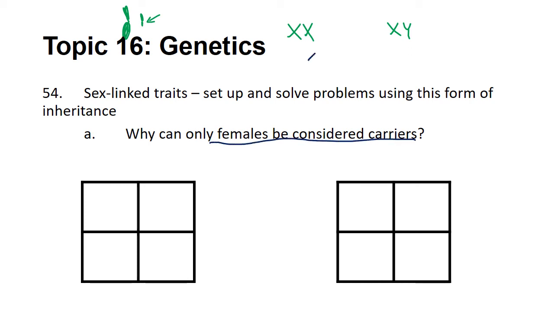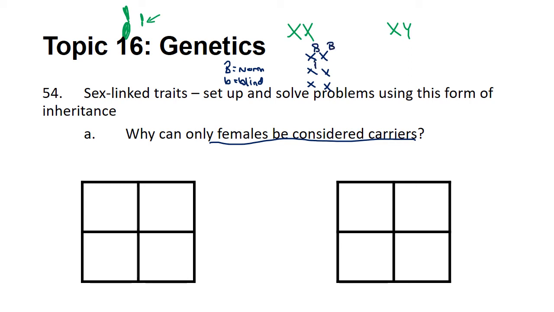It's because females can come in 3 versions. A good example of this is actually color blindness. So let's say big B is normal vision, and little b is the person or the organism will be colorblind. Not blind, but colorblind. So they can come in 3 versions.